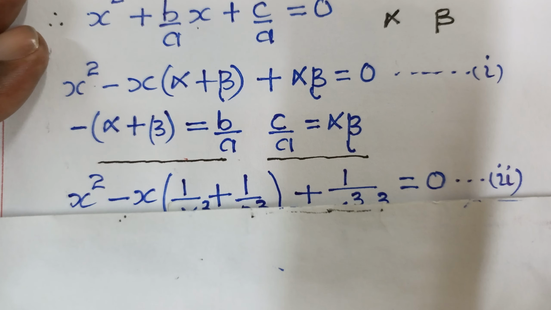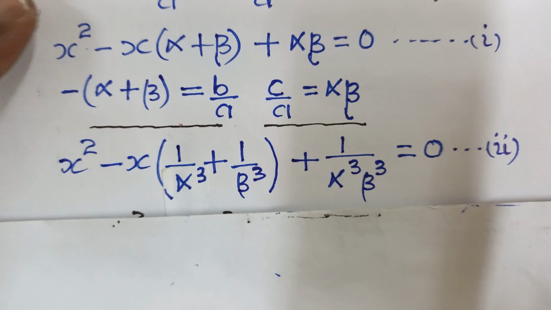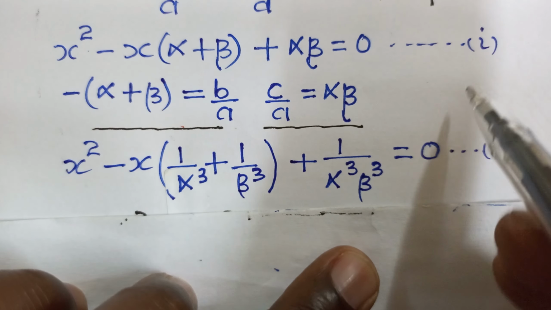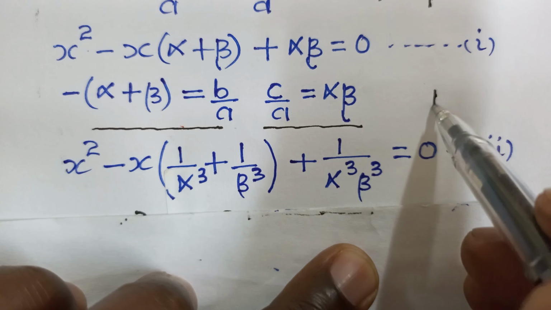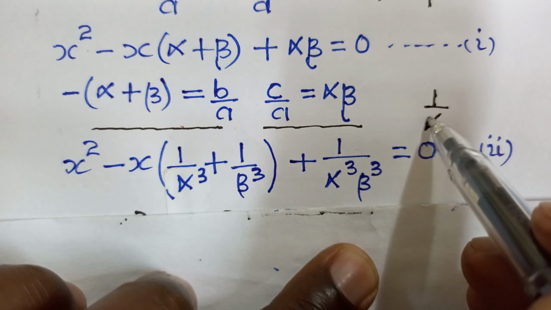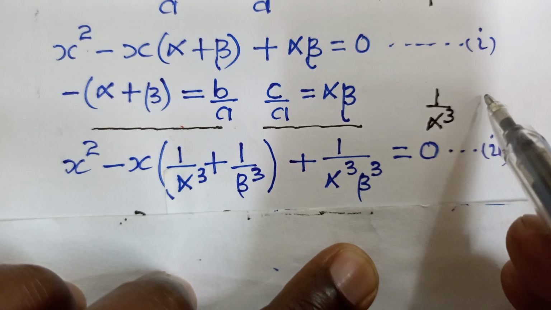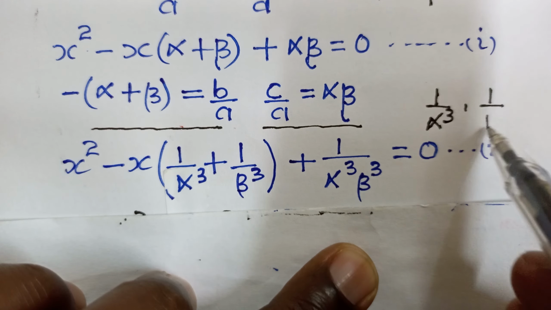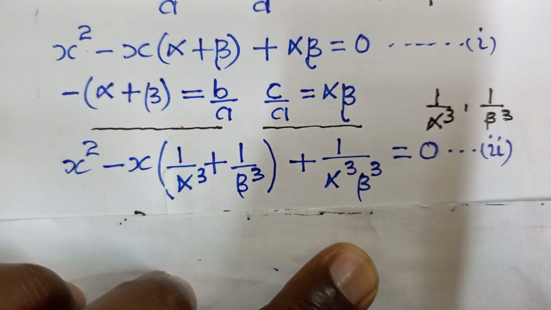After that, we come to what we are now being asked: an equation whose roots are 1 over alpha cubed and 1 over beta cubed.